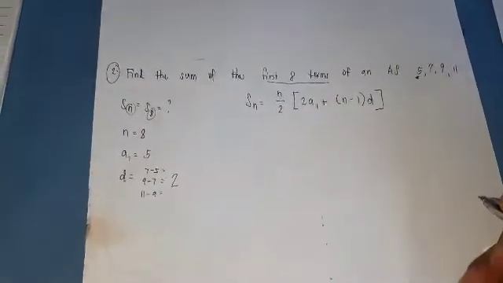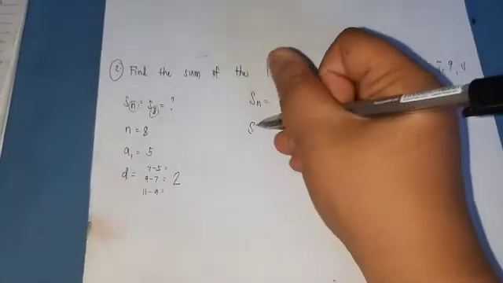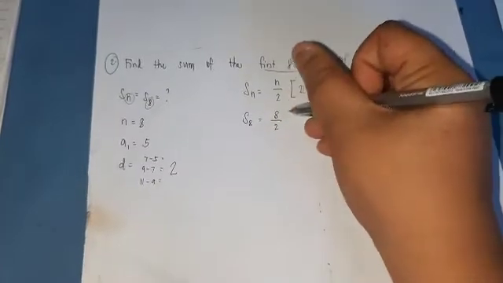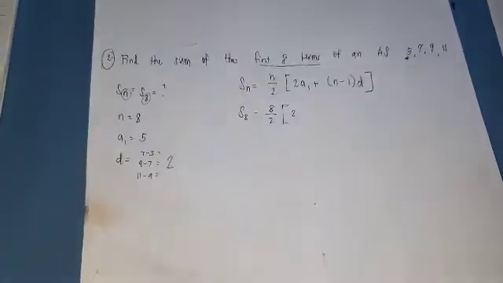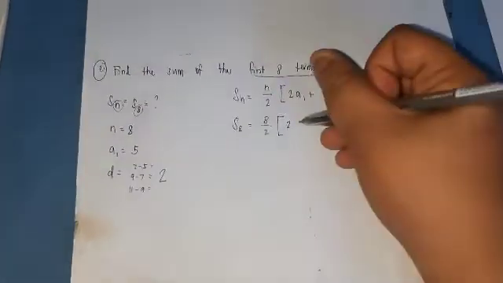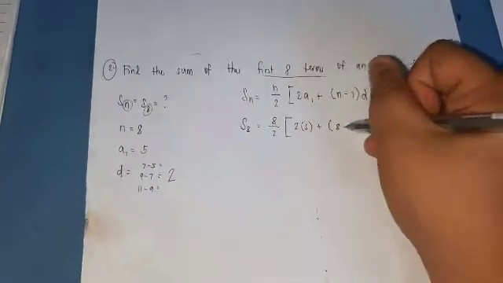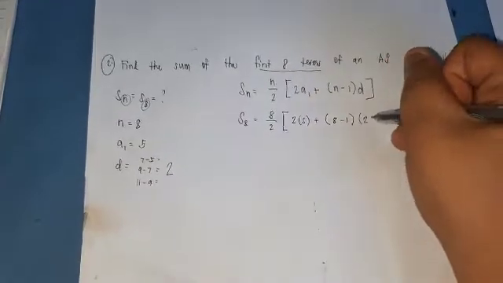Let's have the substitution now. So you're going to have your S sub 8 is just equal to your 8 over 2 times the quantity of your 2 times a sub 1, which is 5, plus your n, which is 8 minus 1, times your difference, which is 2.